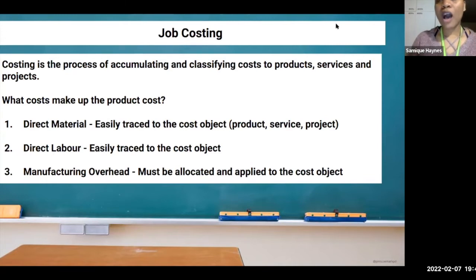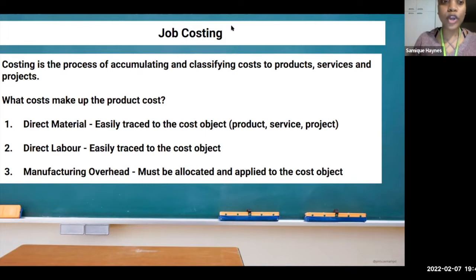What costs make up product costs? We already know that. What are the three costs that make up product costs? We know that they are direct materials, direct labor, and manufacturing overhead. We also know that direct materials and direct labor are easily traced to the cost object, or easily traced to the product or the service or the project. Direct materials and direct labor, we have no problems trying to figure out how much of that cost each unit absorbs.